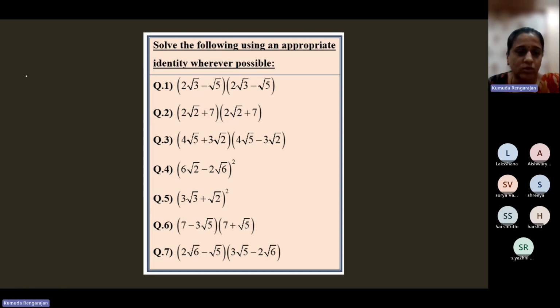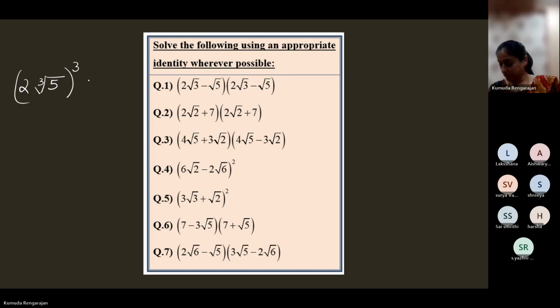Okay, so now tell me what is 2 cube root of 5, the whole cube.